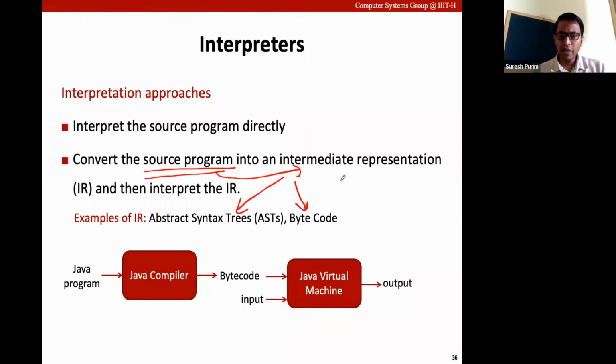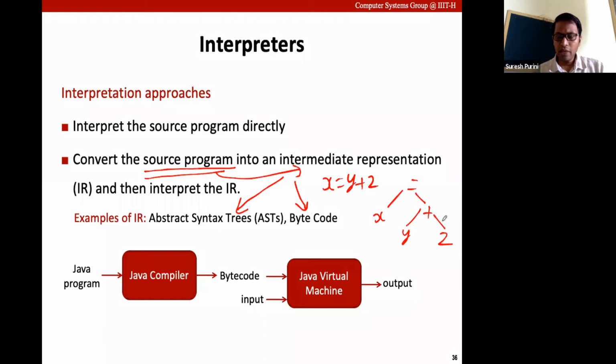So just to give an idea about what an AST is, for example, if you have an expression such as x is equal to y plus 2, then you can represent this expression in this tree form.